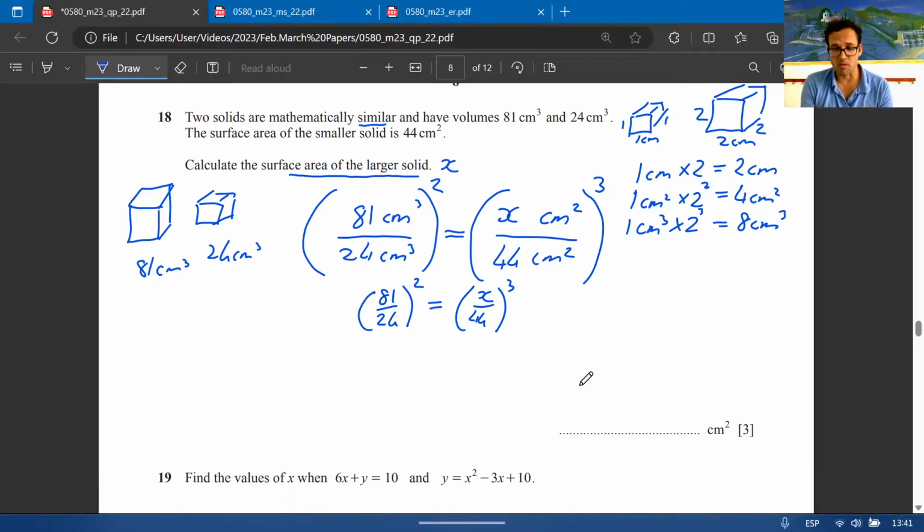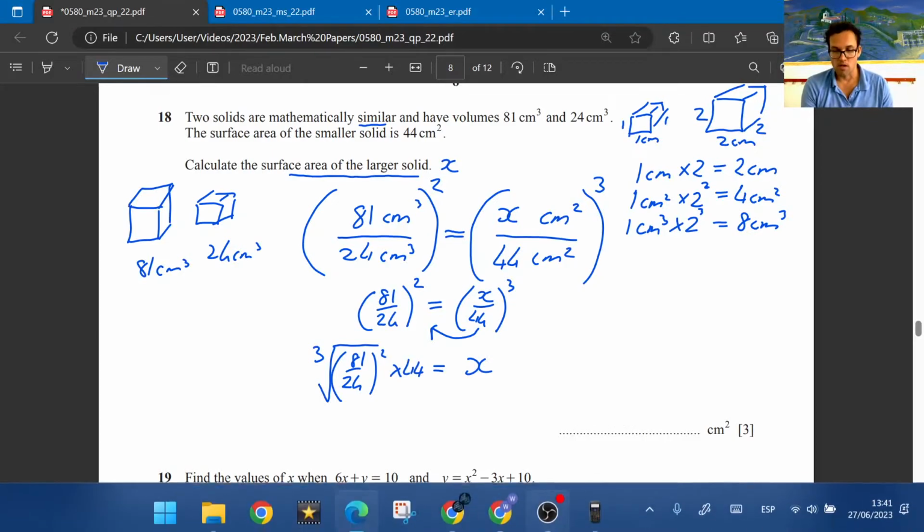Okay, the first thing I want to do, I want to set free the x over 44, which is being held captive by the cube there. So it means we cube root the other side. And then as well, after we've done that, we can multiply the 44. So we times that by 44. Just notice the 44 is not under the cube root.